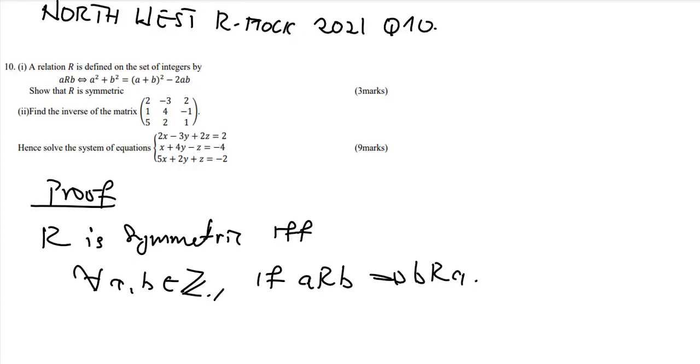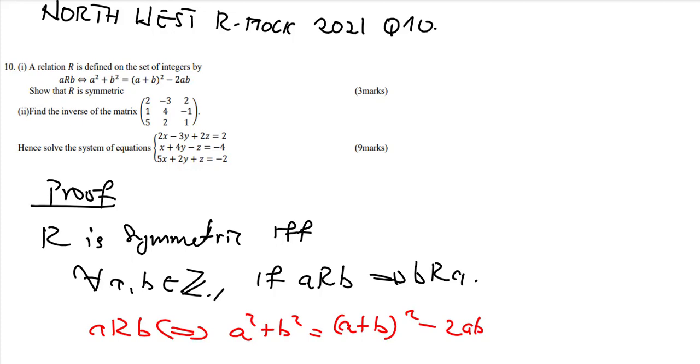But we know that A in relation with B if and only if A squared plus B squared is equal to (A plus B) all squared minus 2AB.